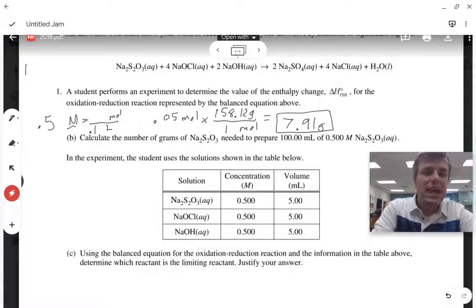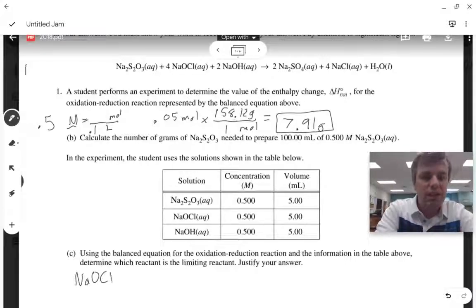The reactant that is limiting, the one that would be used up first, is NaOCl, because you have to say 2 things.